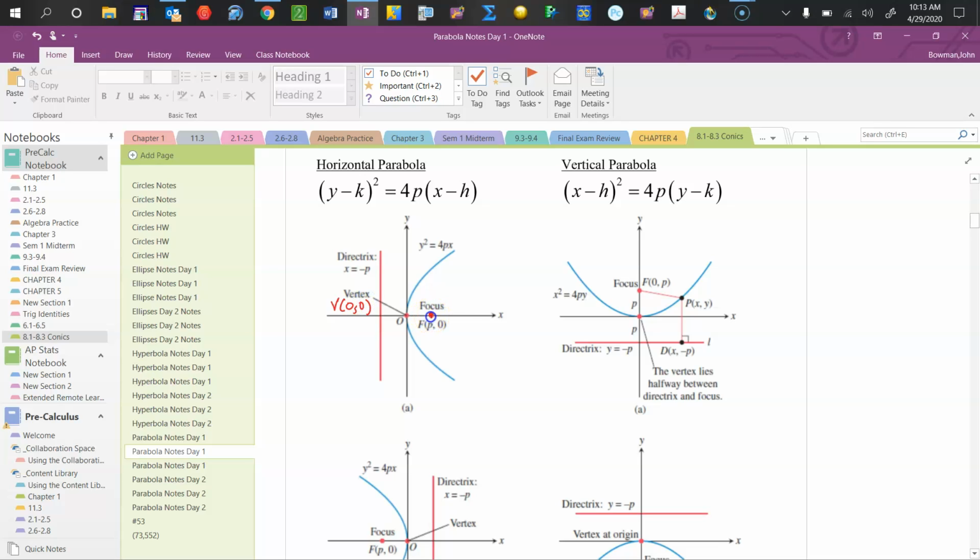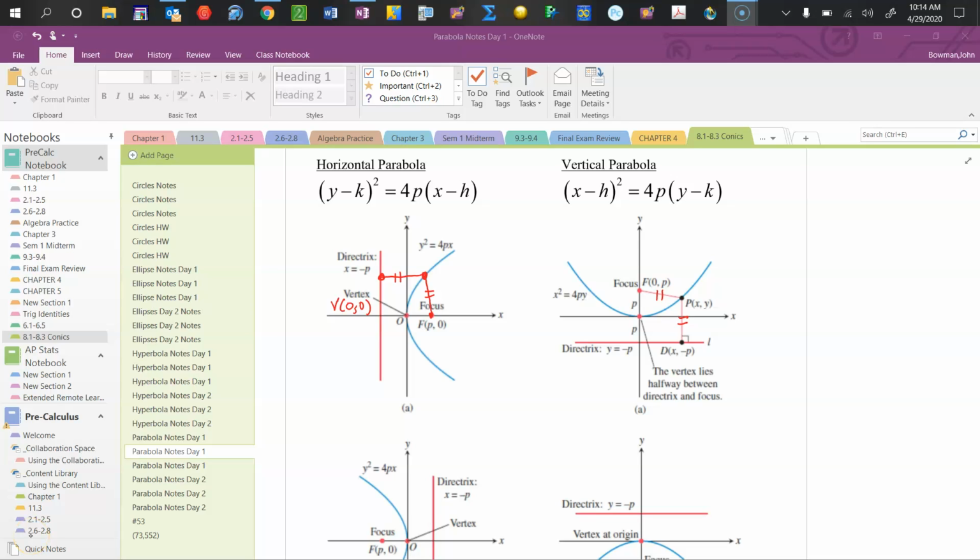If you pick any point on the parabola, which is shown in blue, the distance from that point to the focus is also equal to the distance from that point on the parabola to the shortest distance to the directrix. And you will see that over on the parabola to the right, which opens up.